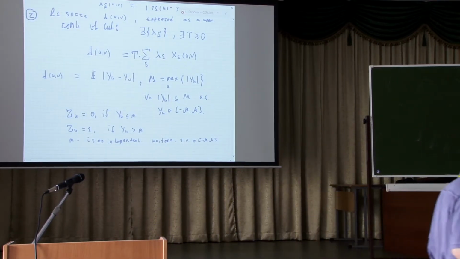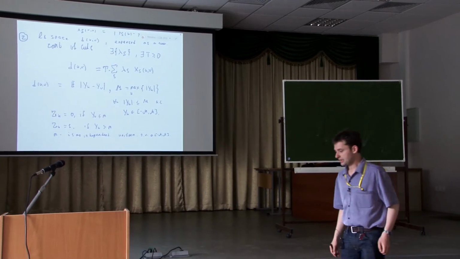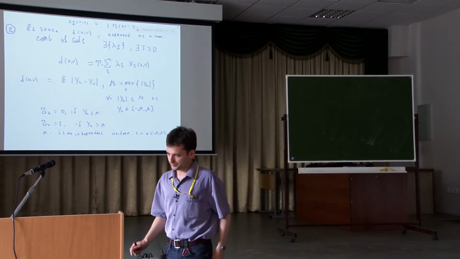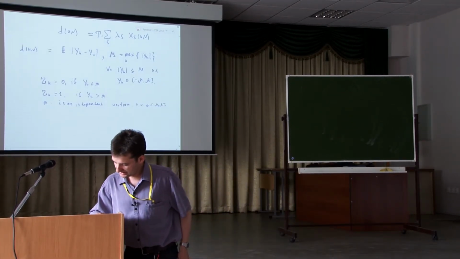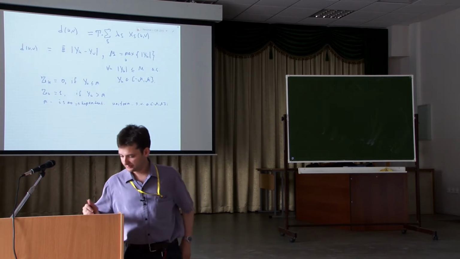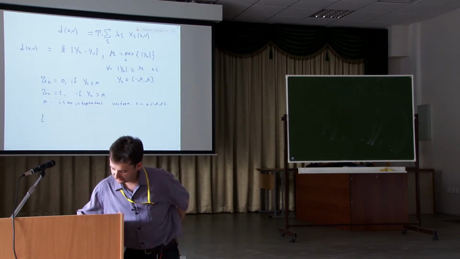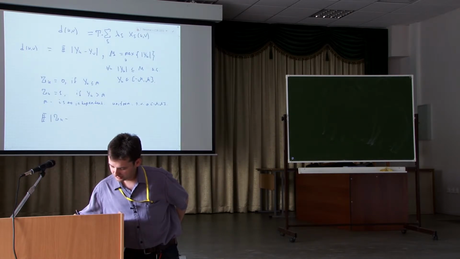So now let's look at these Zs. What's the expected value of Zu minus Zv?